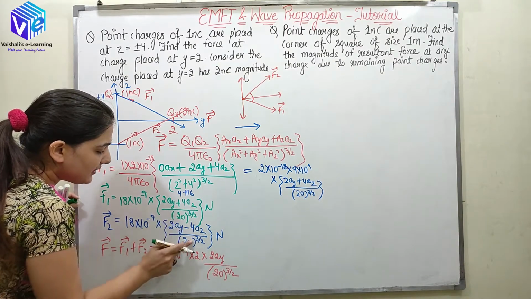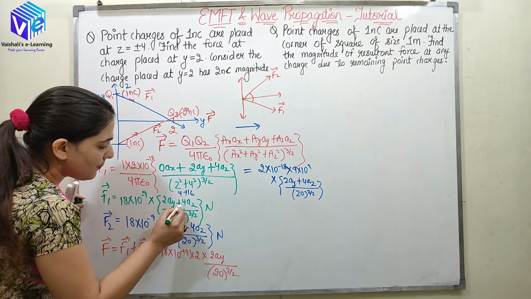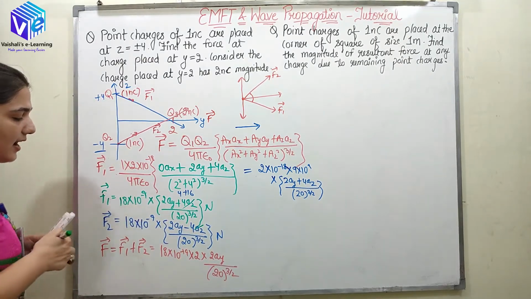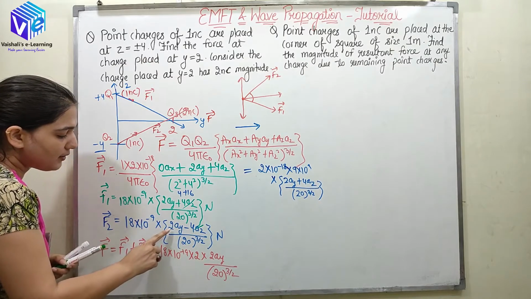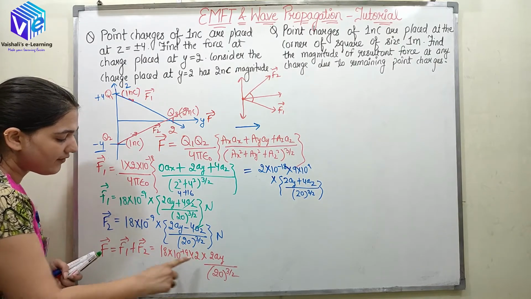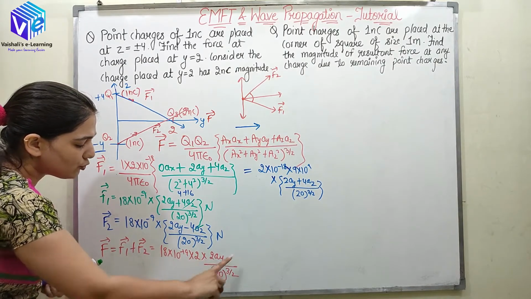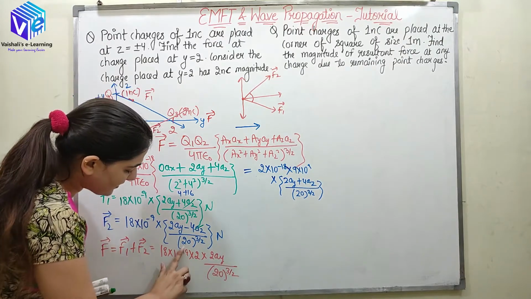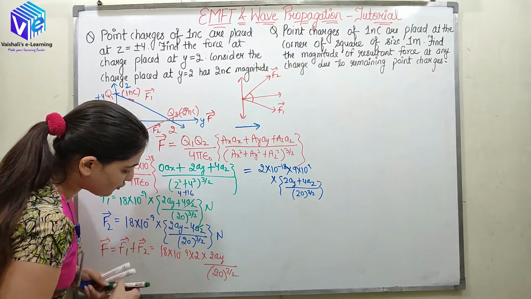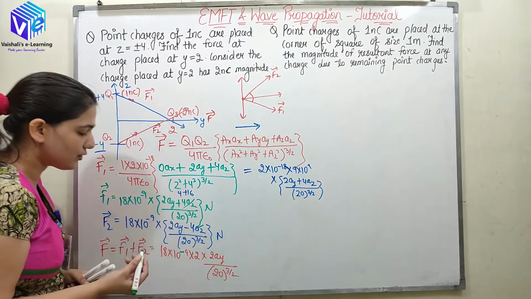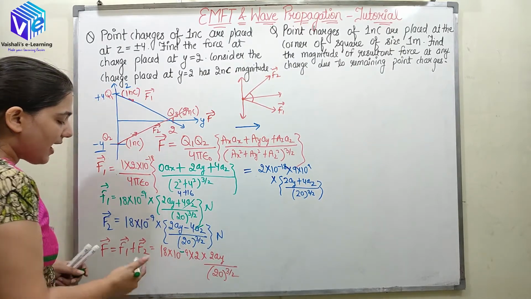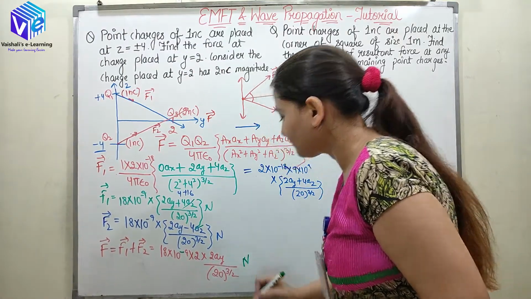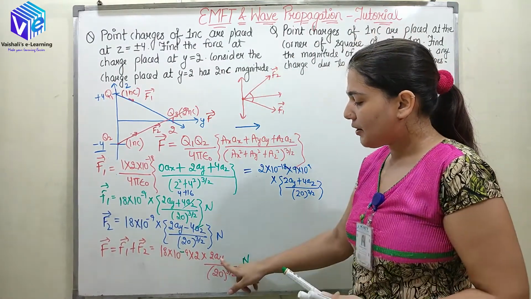When I added these two values, plus 4az and minus 4az cancel out and 2ay gives me 4ay. So I wrote it as 2 into 2ay, and 18 into 10 raised to power minus 9 will remain same. So don't get confused here. So here I'll be having this as the resultant force. Okay, it is acting in the y direction.